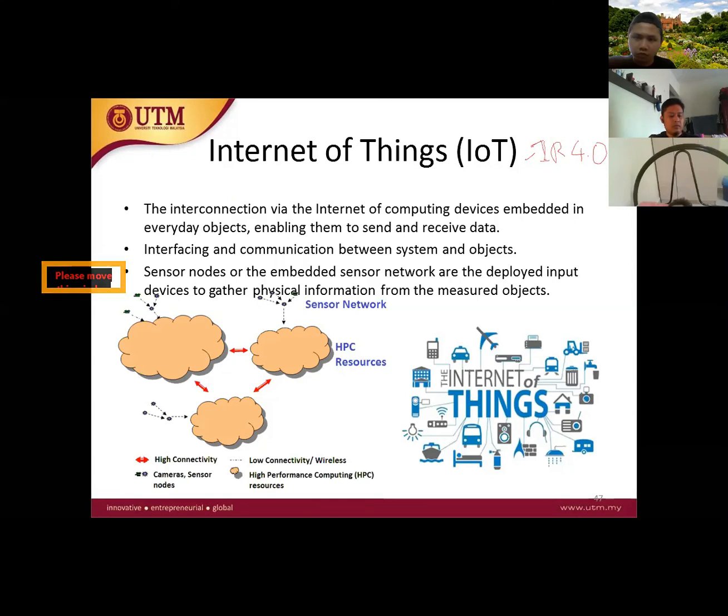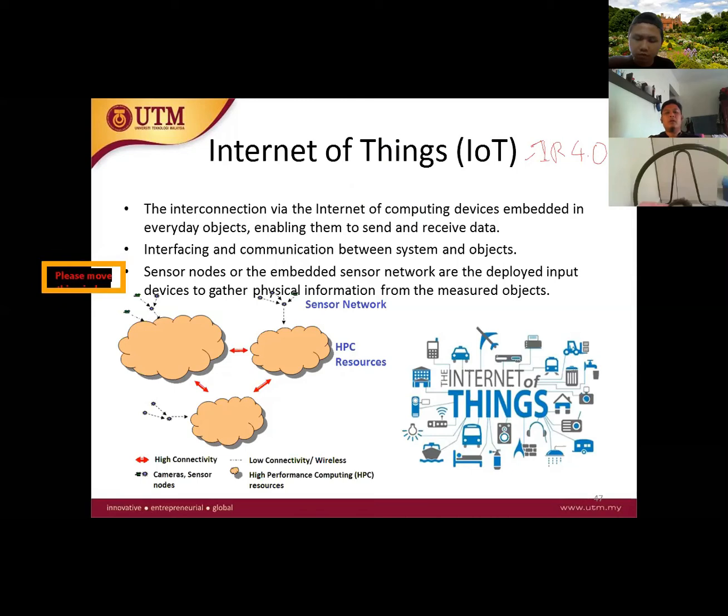Internet of Things is where devices can share their connection with each other over the internet.